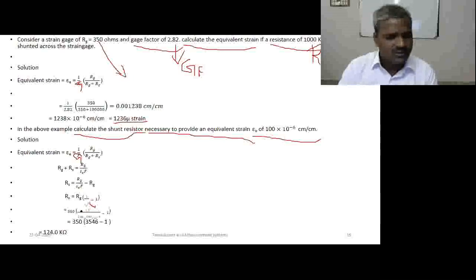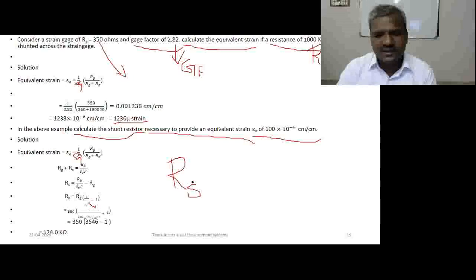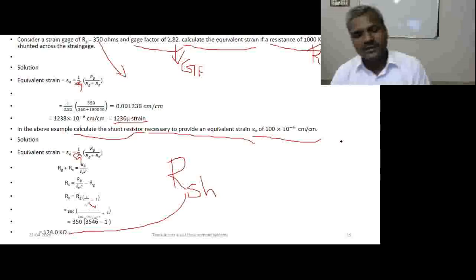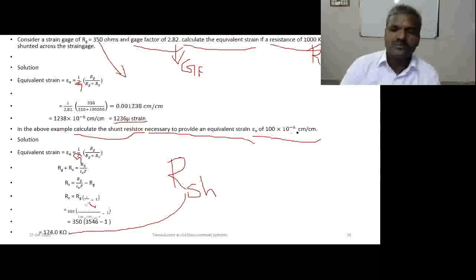Substitute Rg 350 ohm, strain 100 into 10 to the power minus 6, and gauge factor 2.82, minus 1. You get RSH, the shunt resistor value, equal to 124 kilo ohm. Clear?